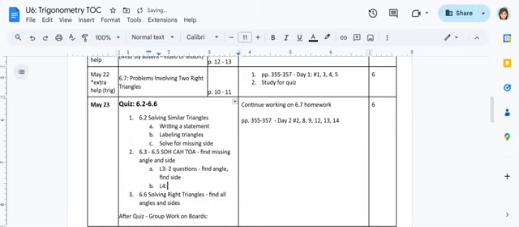Level 4 will be solve a right triangle. So it's basically 6.6, right? Because when you have to solve a right triangle, you have to do SOHCAHTOA. If I see that you know how to choose which one you're supposed to use, in that solving the triangle, you're going to have to find an angle and find a side.